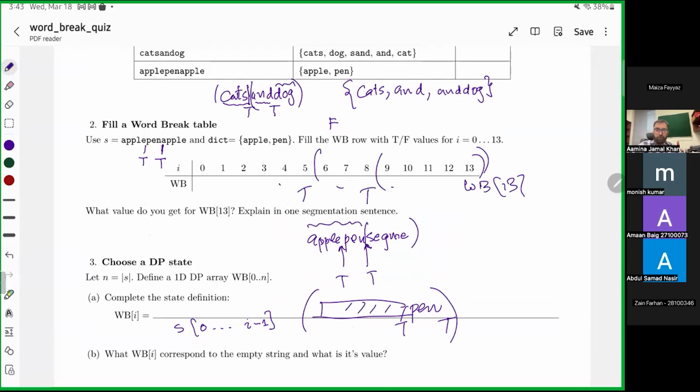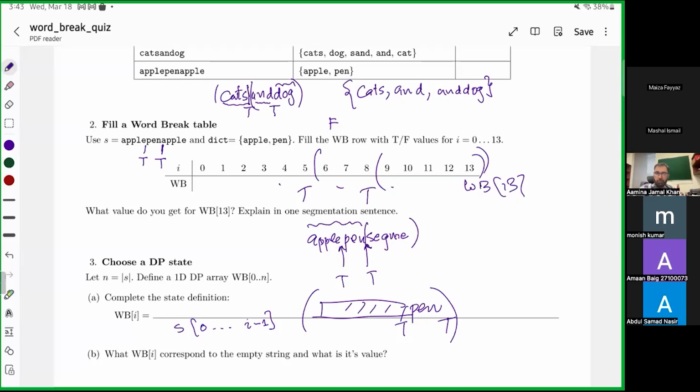All right, Maisa, go ahead. Sir, I wanted to understand this going forward. Okay, cool. Marshall? Sir, we have to check at every possible index because the word in our dictionary can be one character long as well, right? Right, that's possible.